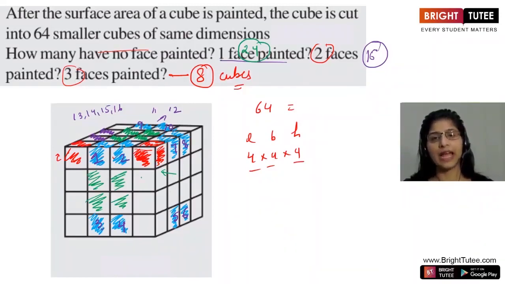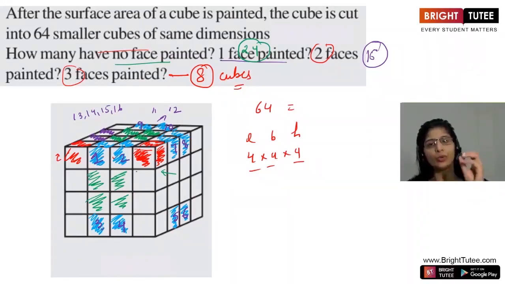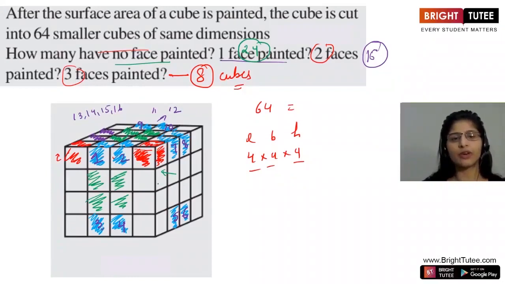So how many will we have? When we talk of no face painted, we will have 4 inside it, right? 4 of the second layer, 4 of the third layer. So there will be 8 whose no face will be painted because they are inside the cube, right? They are not outside, so that after painting outside they will be painted. They are lying inside.